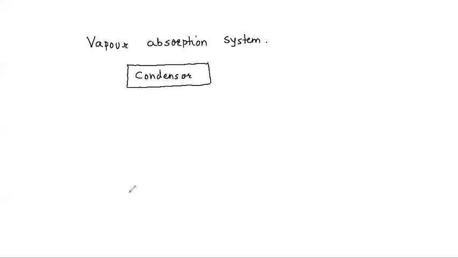This block represents, let us say, the low pressure heat exchanger, namely the evaporator. And then there is some expansion device over here. Let us say this is your expansion device.